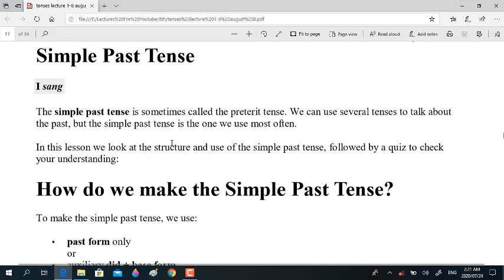So the range of activity or the scope of this tense is quite larger or quite wider, right? That is why this is one of the most used tenses among the 12. In this lesson we look at the structure and use of the simple past tense.